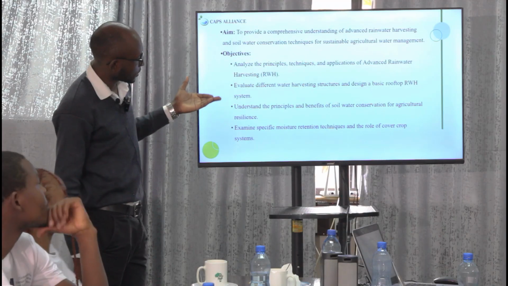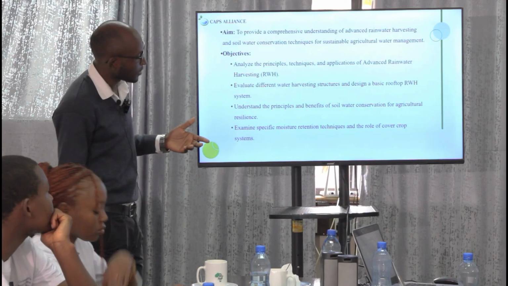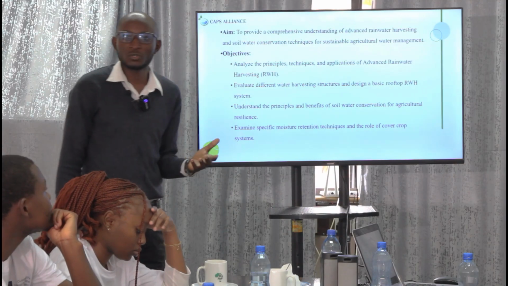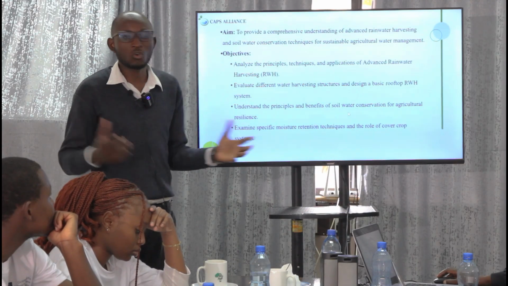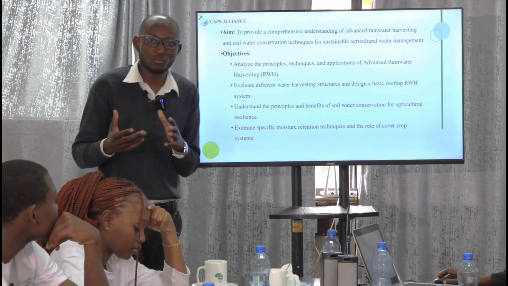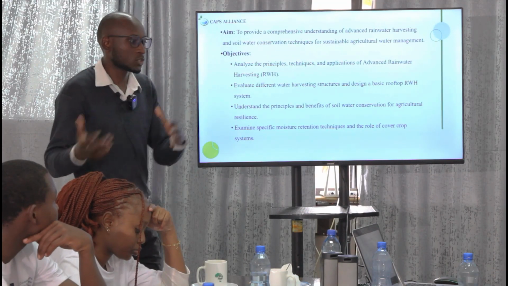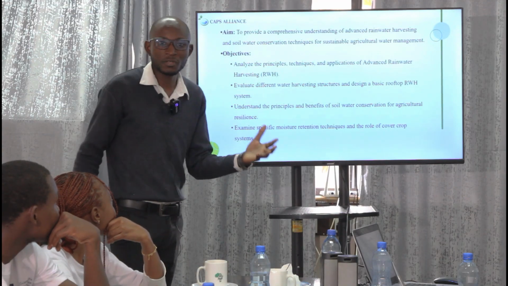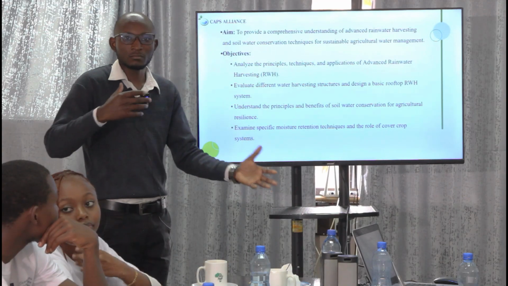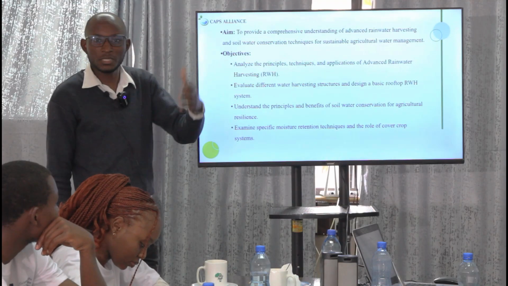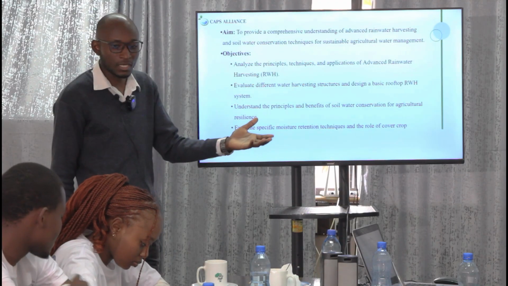Then we shall evaluate different structures, understand the benefits of conserving water for agricultural use, because that is the essence of it all. Crop production mainly relies on the availability of water. Part of it is actually technology, as Brian had raised before. We would look for species, maybe do some genome research and come up with species that are maybe drought resilient and all that.